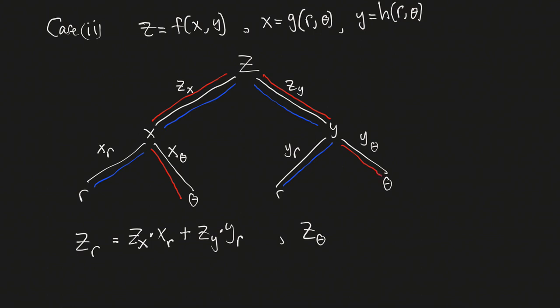So using the ones in red, our z sub theta is equal to z sub x times x sub theta plus z sub y times y sub theta, right? And that's the chain rule.